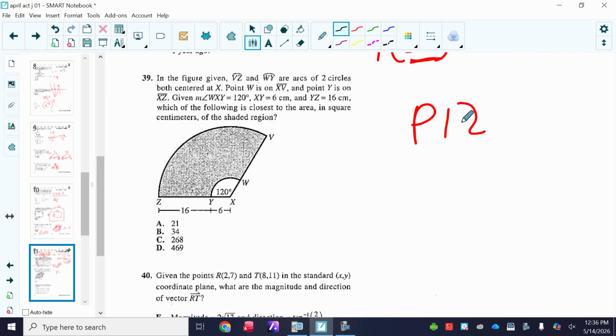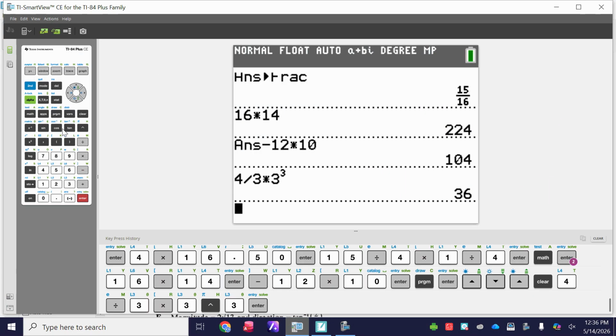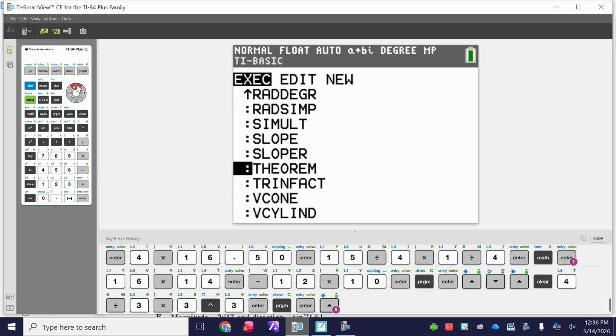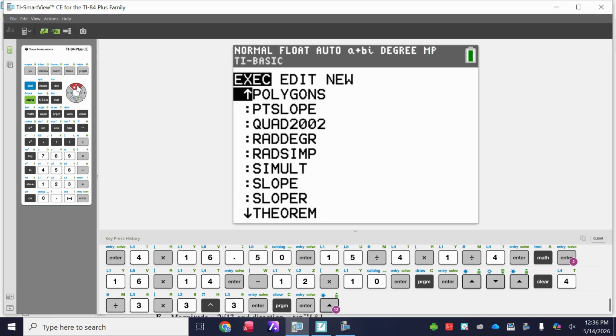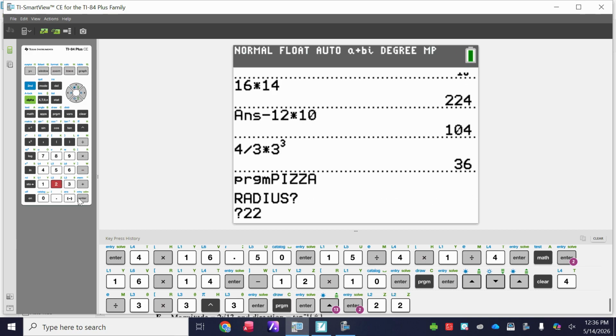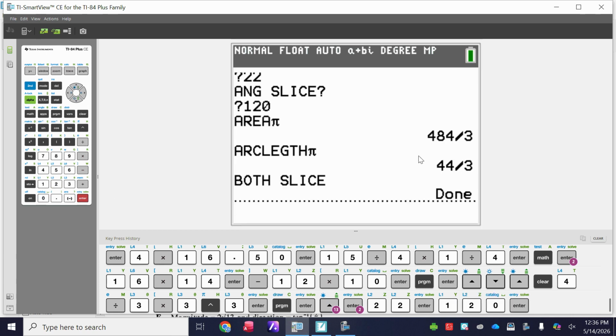Great use of pizza. It's the big piece minus the little piece. Now the big piece has a radius of 22. So the pizza program always comes in handy because the pizza has a radius of 22 and an angle of 120. The answer's in terms of pi, so you get 484 over 3 pi.